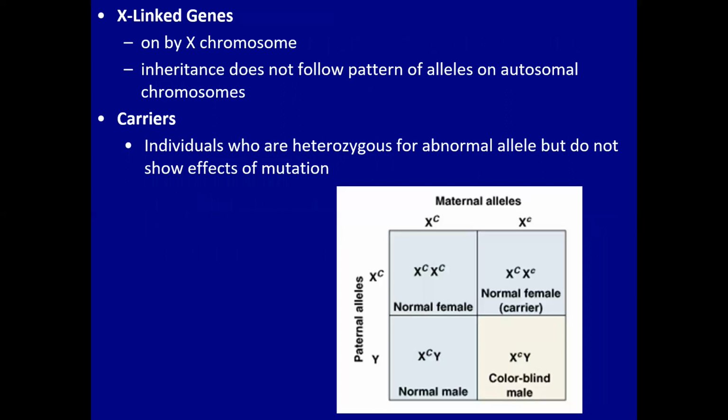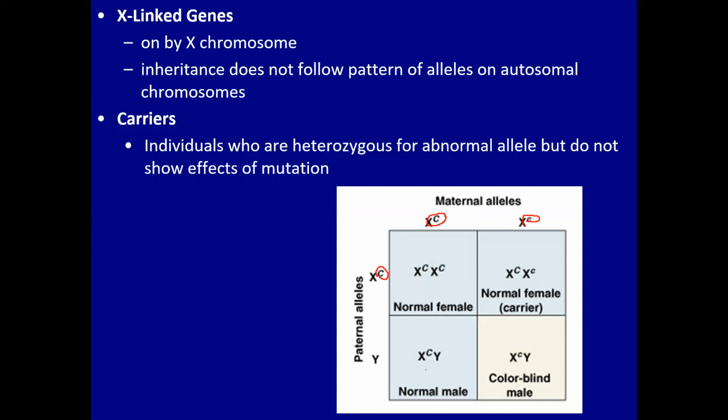X-linked genes, I just referred to them earlier. These are the sex chromosomes, and inheritance doesn't follow the same way that it does for autosomal chromosomes. If you look at this Punnett square, we have a female who is heterozygous, she has a big C here, little c here, and a male that just has a big C. When you make the cross, you get a normal female, and you get a normal female that is a carrier for whatever the disorder is.